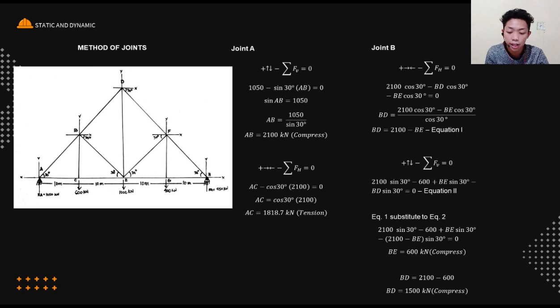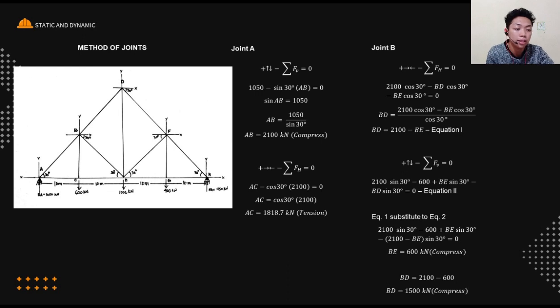So, meron tayo sa joint B, meron tayong BD, BC, BE, and AB. So, assume natin na yung BD is compression and yung BE naman is also compression. So, yung AB natin na may 2,100 cosine 30 degrees, kanan siya, so kaya magiging positive.